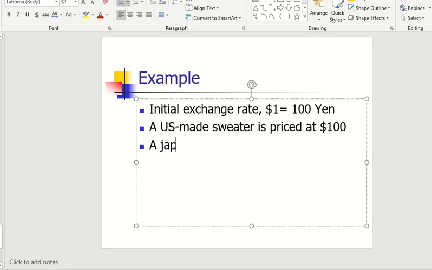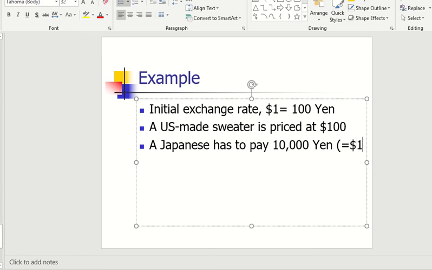So a Japanese has to pay, okay? I'm sure many of you have already gotten the answer.